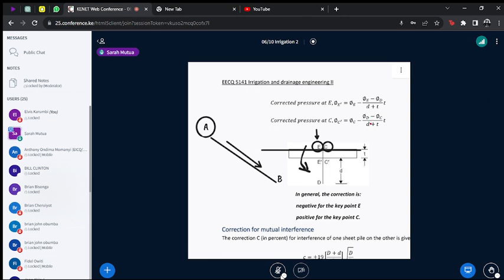So that is the correction. And how do we do it? First of all, you get the difference of pressure between the points E and D, the total pressure from points E and D. And then you kind of do apportioning of pressure on a pro rata basis.